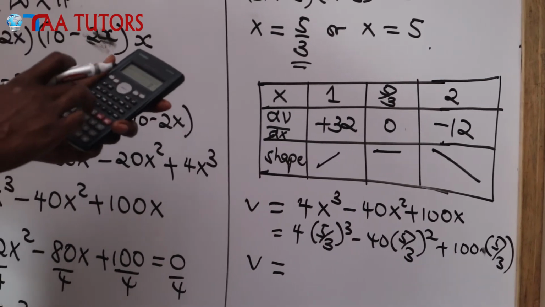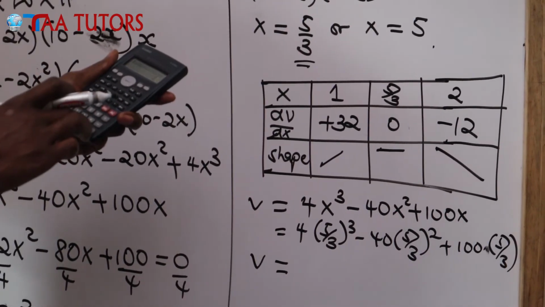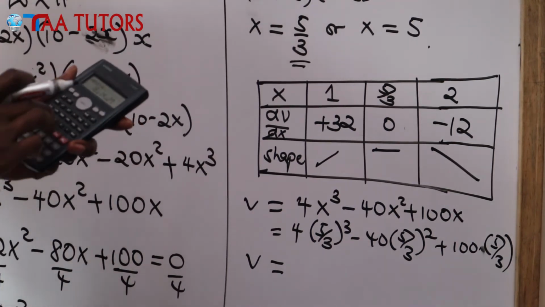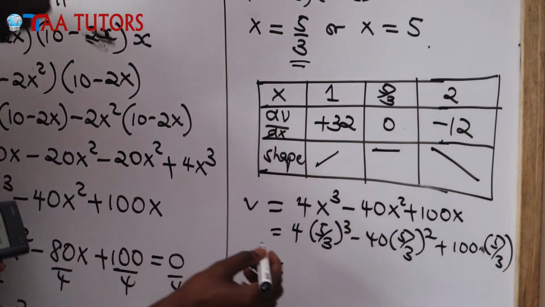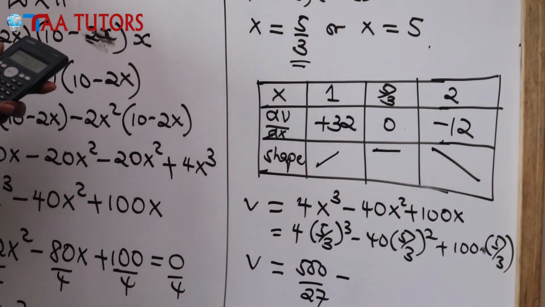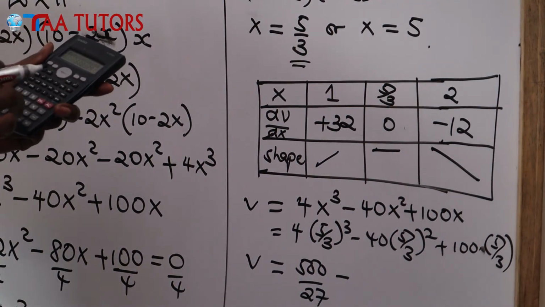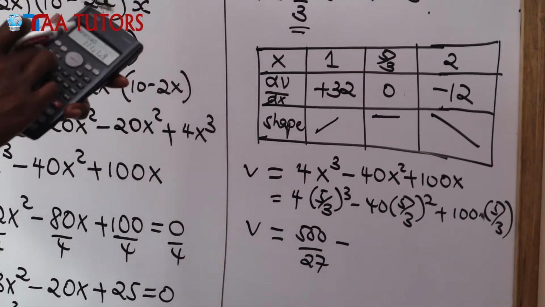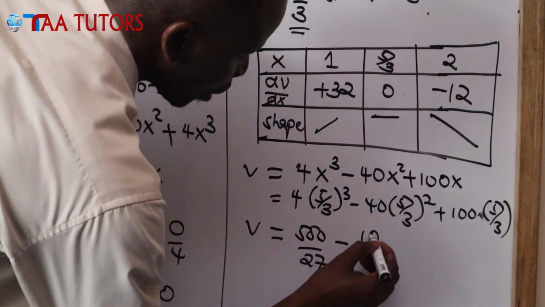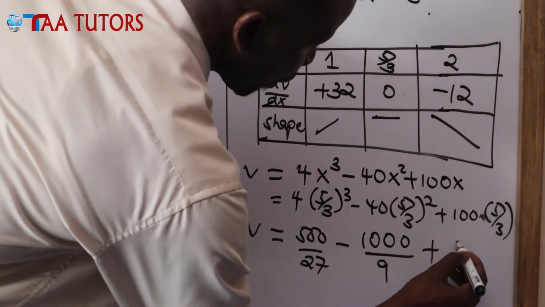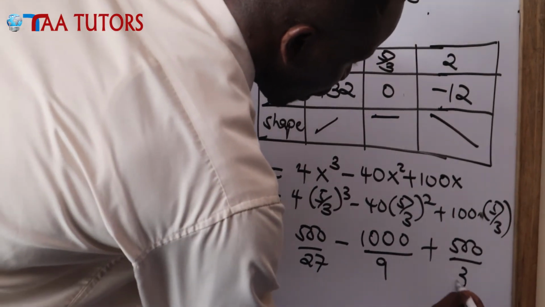So volume here will be, let me see, 5 over 3 cubed times 4. That should be 500 over 27, minus 5 over 3 squared times 40. That gives us 1000 over 9, plus this 500 over 3.